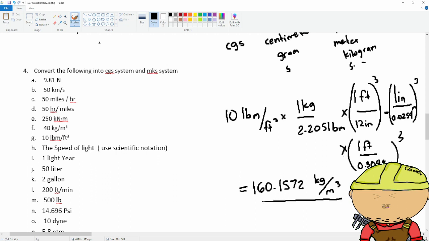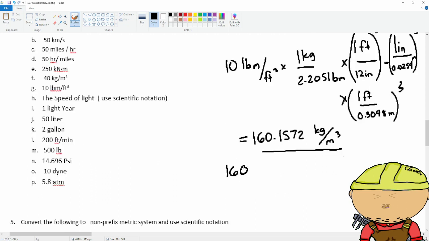And that's the MKS. For the CGS, I'm gonna give you the fast conversion: 1,000 kilogram per meter cube is equal to 1 gram per centimeter cube.